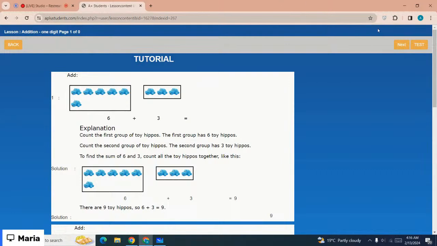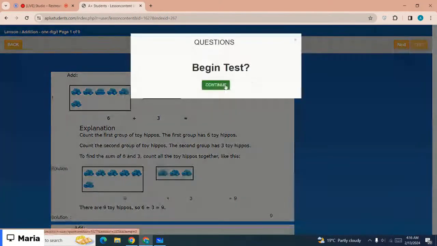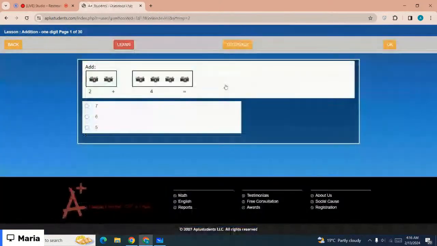The basic thing is adding means you need to count them together, right? Or you can count them like this: 1, 2, 3, 4, 5, 6. So whatever method you find easy for you, you can do the addition using that method, right?